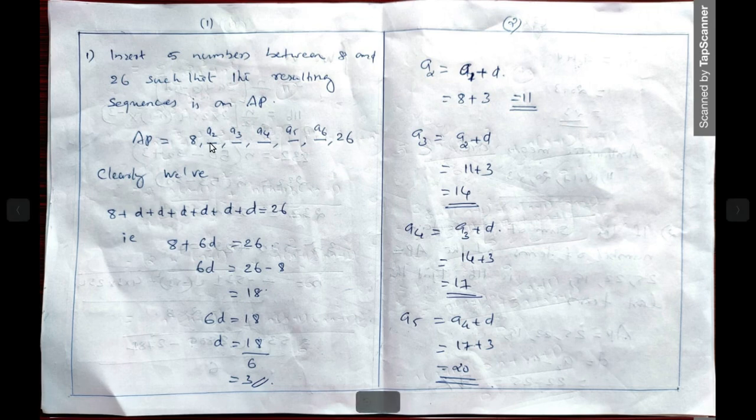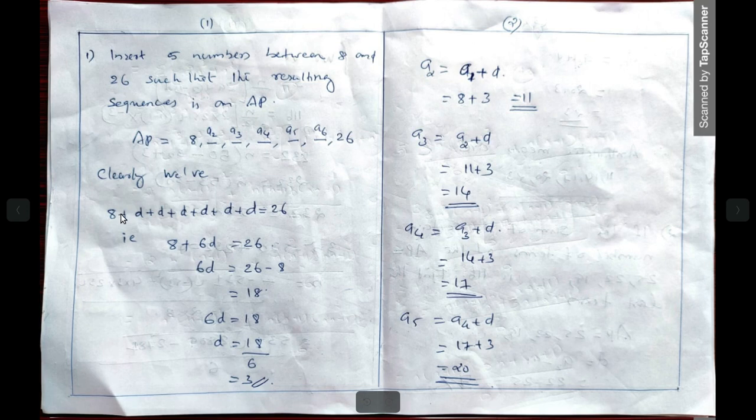Below that, the second term is obtained by adding the common difference to the first term. 8 plus D becomes A2. 8 plus D plus D will become A3. 8 plus D plus D plus D becomes A4.